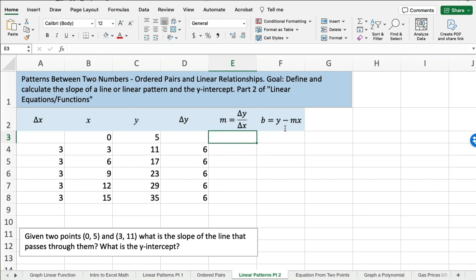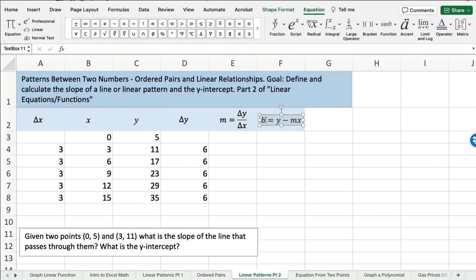Then there's another quality that lines have, and that is its y-intercept, which we're going to designate with the letter b, lowercase b. When you see a lowercase m and a lowercase b, those are reserved constants. One of them is the slope, the other one is the y-intercept.